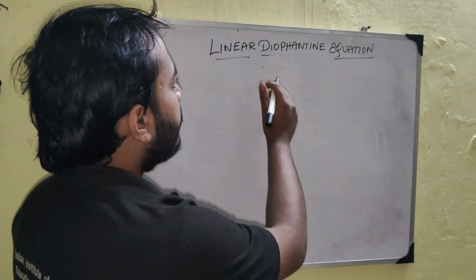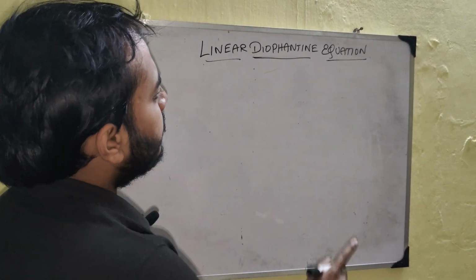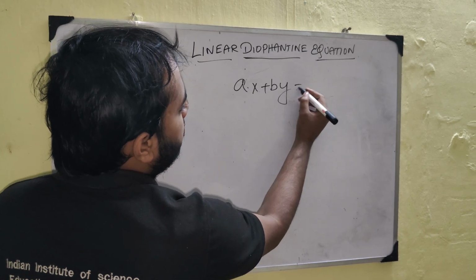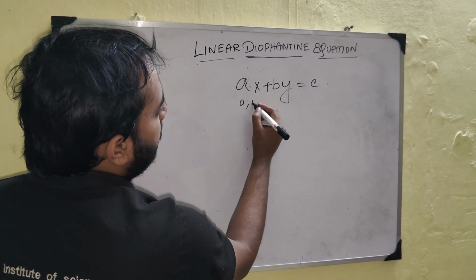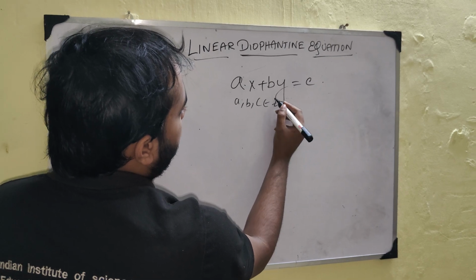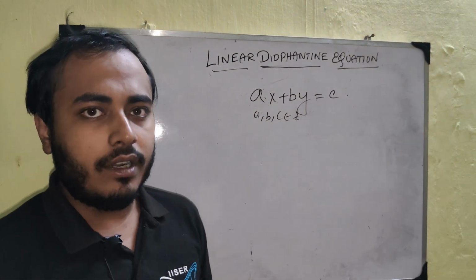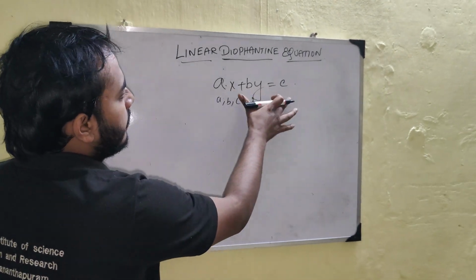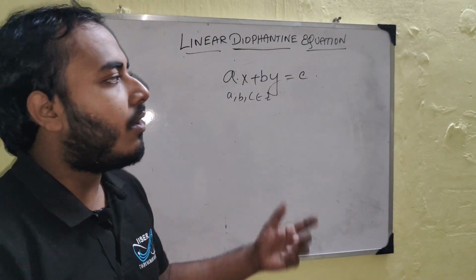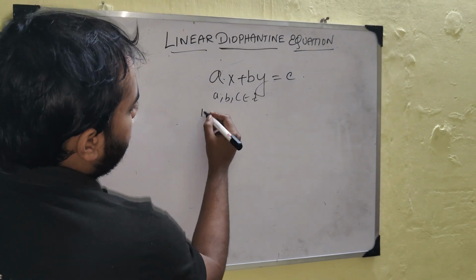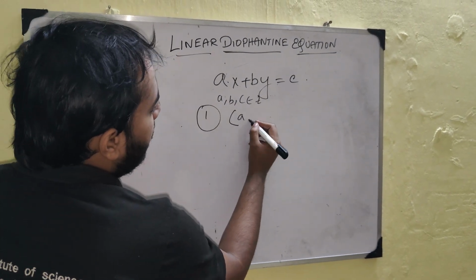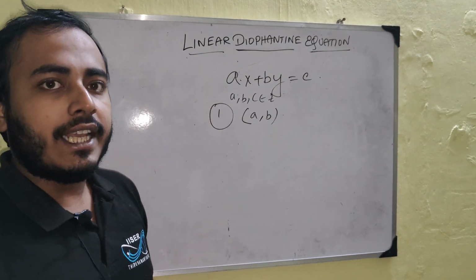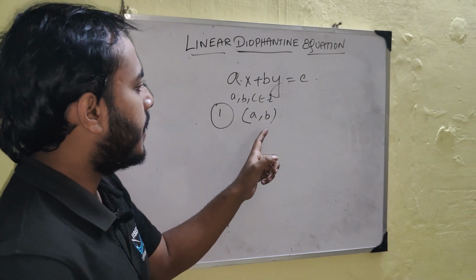So now let's come back to the topic of linear Diophantine equations. These equations look like this: a times x plus b times y equals c, where a, b, c are all integers, and of course x and y are what you have to solve for. Obviously they will be integers too. Now the first condition for an equation of this kind to be solvable, where all entries are integers, is that the GCD of a and b, which means the greatest common divisor or the highest common factor HCF of a and b, which can be written in this notation.